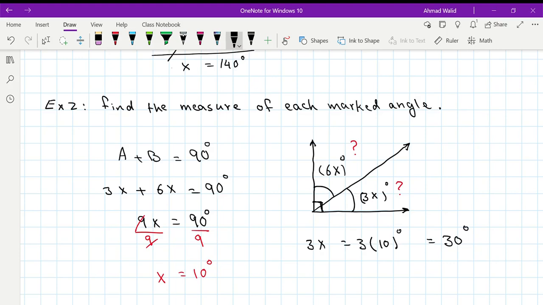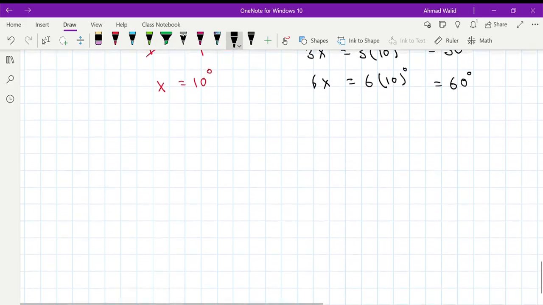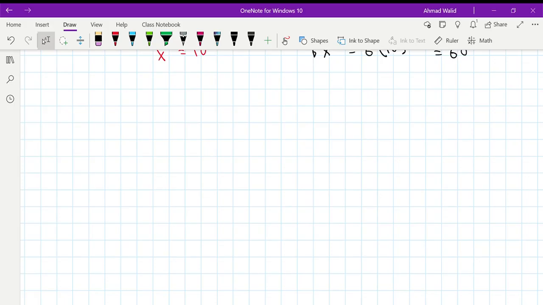Your second angle, which is 6x, means 6 times 10 degrees, which gives you 60 degrees. Very easy examples, just to practice with complementary and supplementary angles. One more example. Let's do one more for you.